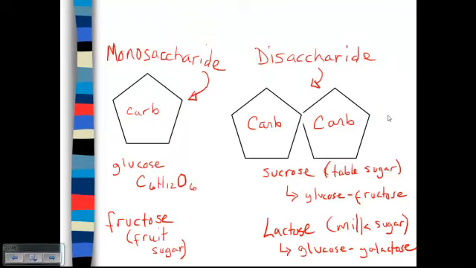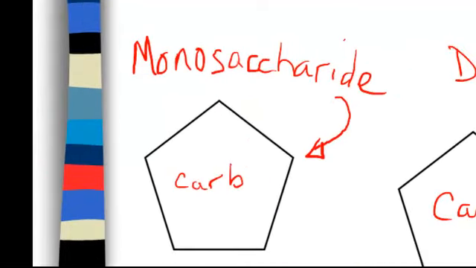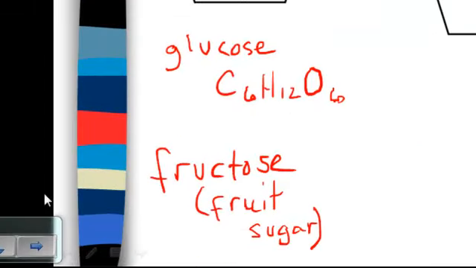When we talk about carbohydrates, we can categorize carbohydrates into categories based upon how large they are. Just one little unit of carbohydrate we refer to as a monosaccharide, which should make sense because mono means one. Some examples of that are glucose and fructose, which is sugar that comes from fruit.